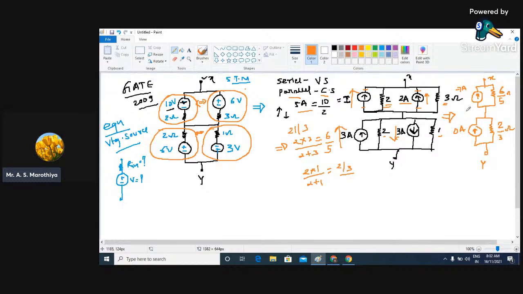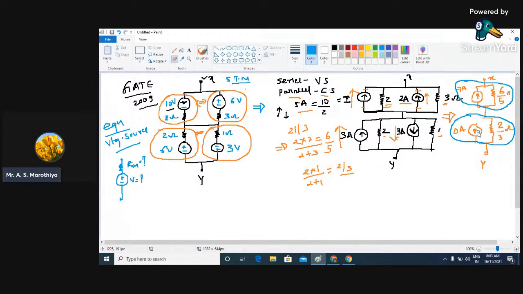Now what we need to do, see here, this particular portion indicates a kind of practical current source, and here again this particular portion indicates a kind of current source, though the value of that current is nothing but 0. So you can ignore this. Here we have only a resistor, because the current supplied by this current source is 0 ampere, so we can ignore this. If you ignore this, the structure is something like this.